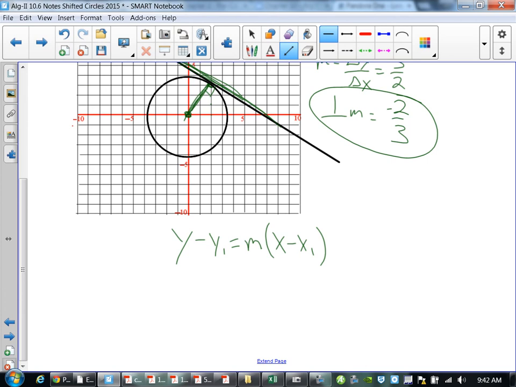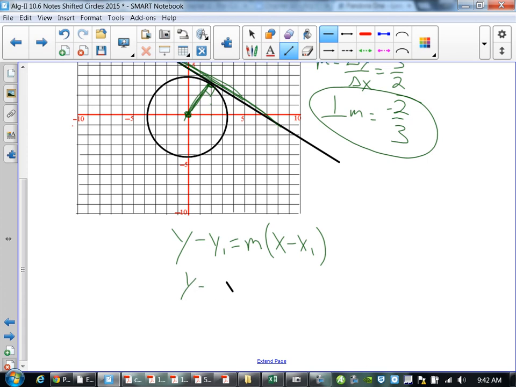So basically what we're going to do here is just substitute in the slope and the point and solve for y. And that gives you your equation of the line in regular slope intercept form. Whenever we write equations of lines like this, if I'm going to the tangent, I want you guys to get in the habit of going back to slope intercept form, because you've got a y equals button. So might as well get y by itself. So fill in the blanks.